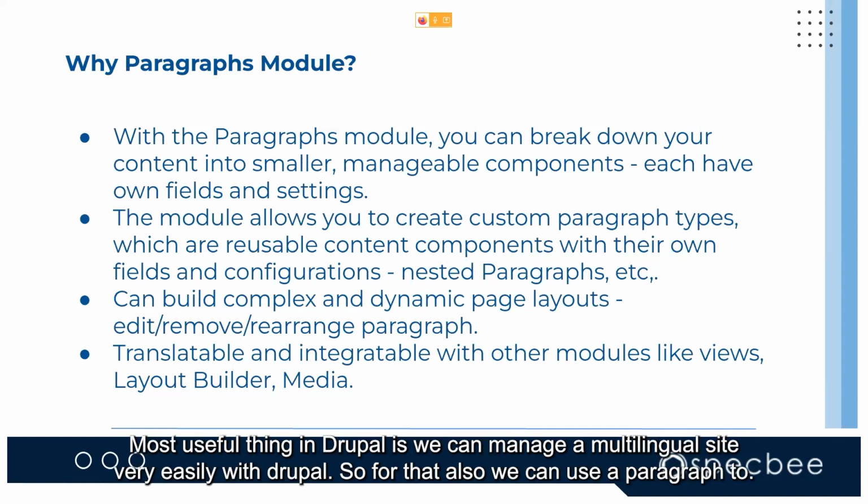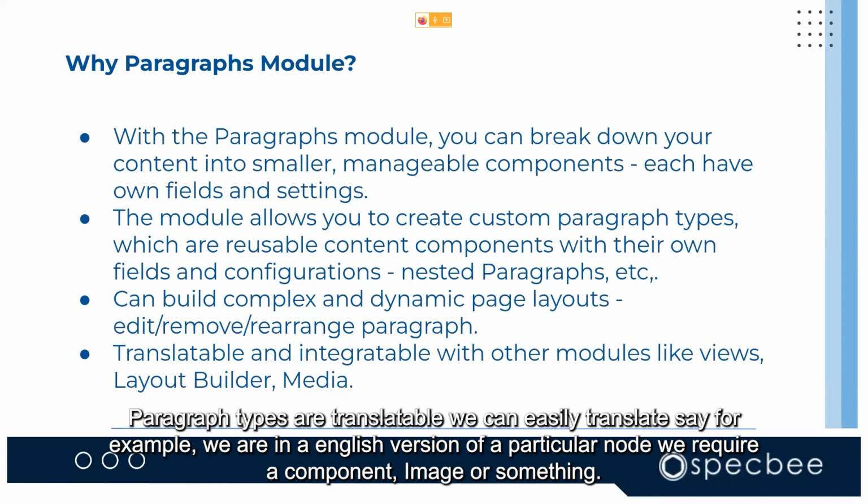The most useful thing in Drupal is that we can manage a multilingual site very easily, and for that we can also use Paragraphs. Every paragraph type is translatable, and we can easily translate it.